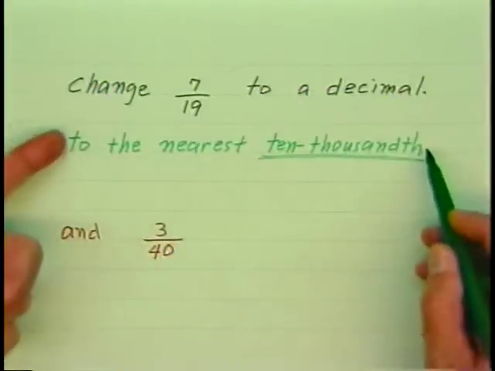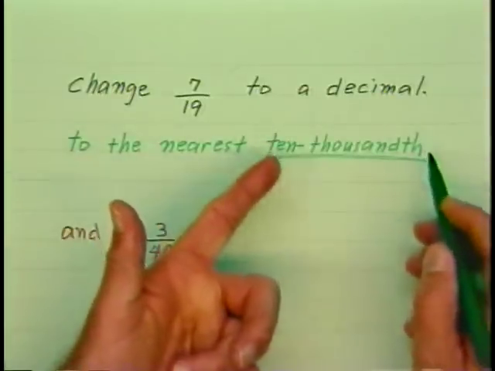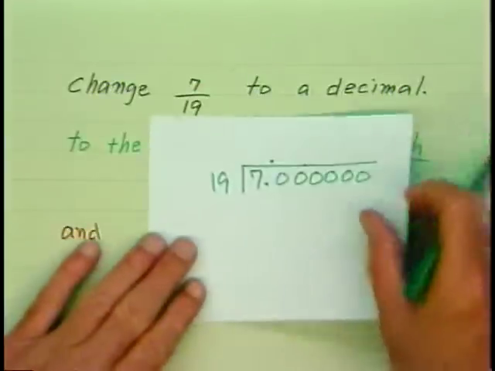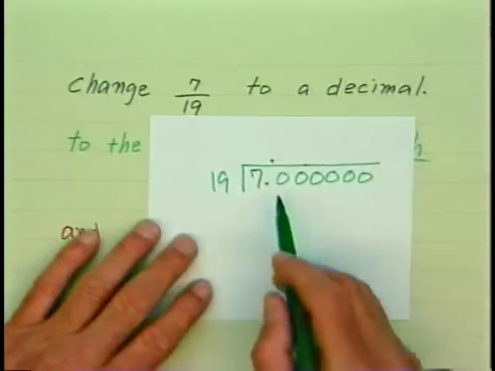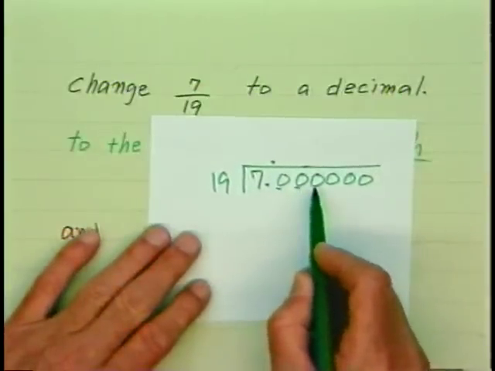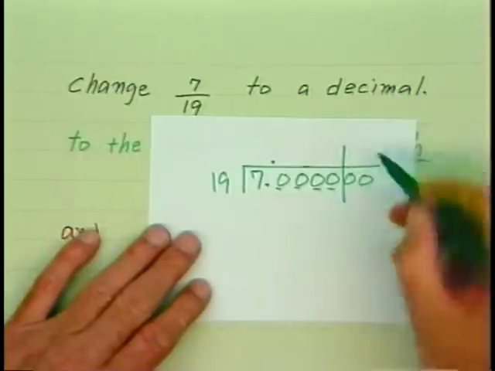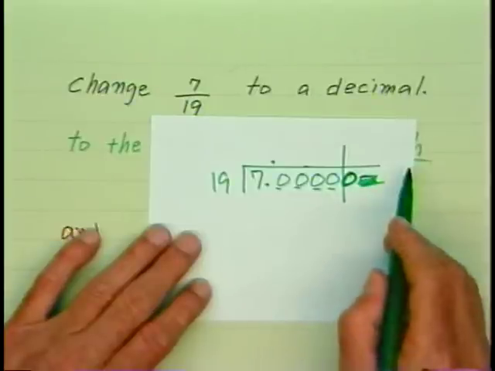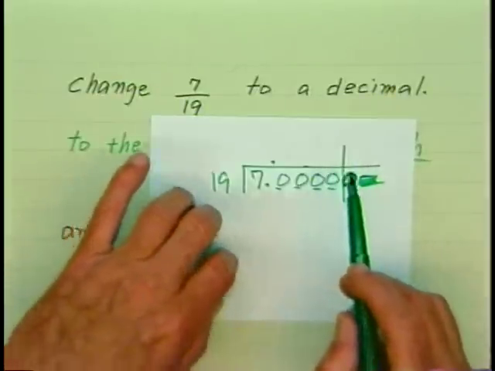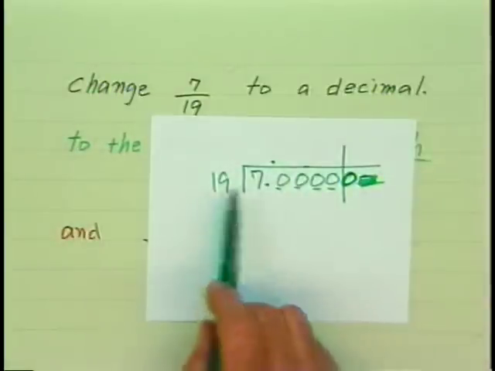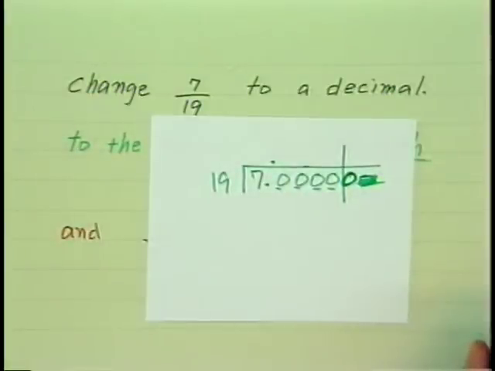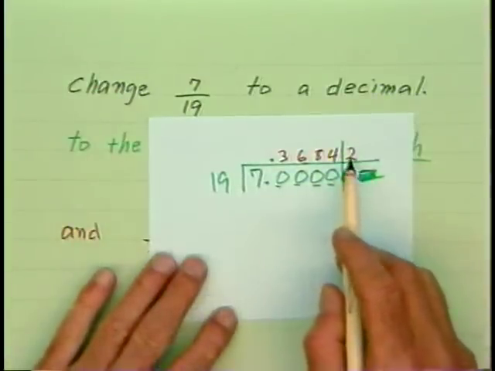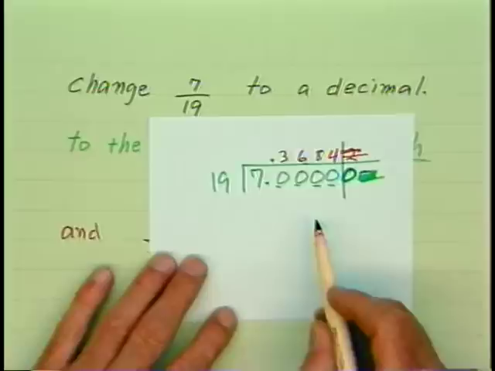So in this particular case, let's assume that somehow someone has determined it needs to be accurate to the nearest 10 thousandths. So therefore, as we perform the division, we'll go out to the nearest tenths, hundredths, thousandths, 10 thousandths, and one extra digit. We don't need this now to find out whether I round up or down. In this case, if I were to follow through with that, I would get this, and the next digit is 4 or less, so I round down.